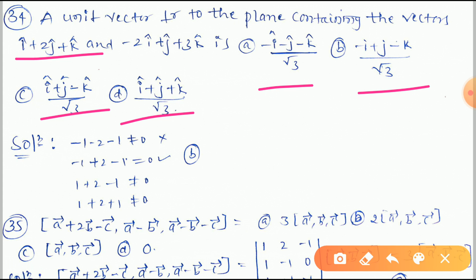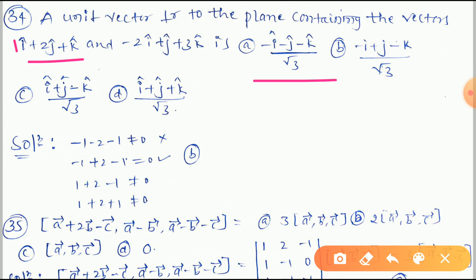Okay, 1 into 1, sorry, this is the first option. This into this: 1 into minus 1 is minus 1, 2 into minus 1 is minus 2, 1 into minus 1 is minus 1. Minus 1 minus 2 minus 1 is equal to minus 4. Minus 4 is not equal to 0, therefore this is not the right option.